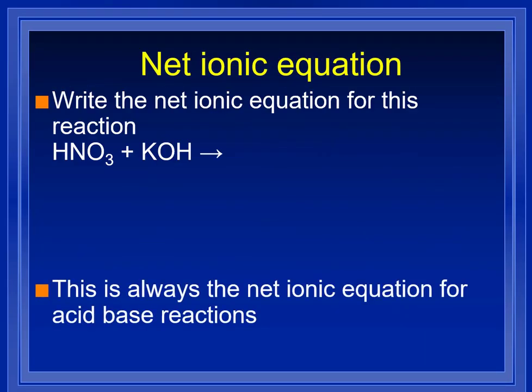Okay, we don't need to do a net ionic equation again. But what is the net ionic equation every time you do an acid base? H plus OH minus makes H2O. Every time, right? That is always the net ionic equation.